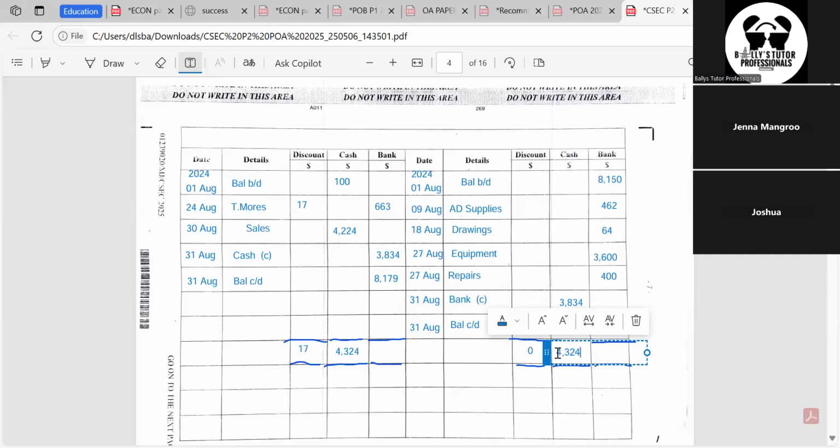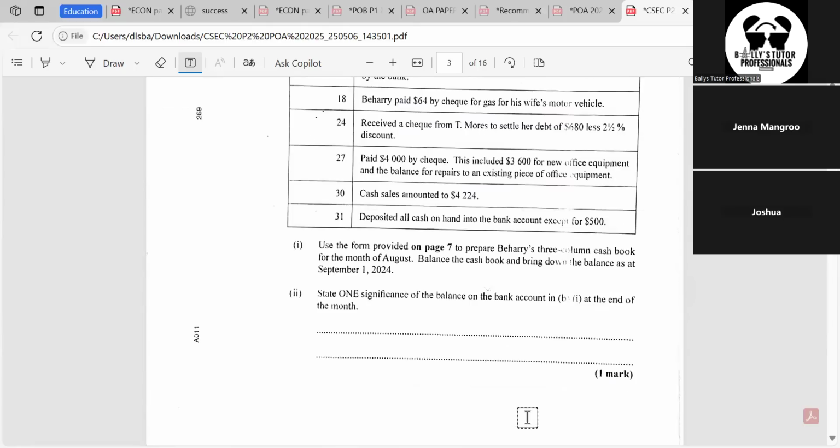The bank column total is 12,676. Same thing for the credit side.